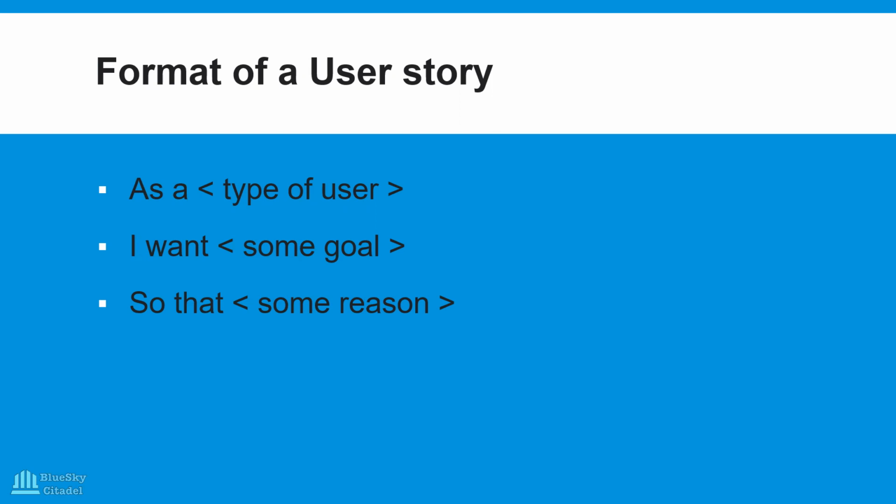So you want to define the user, what wants to be achieved and why that thing has to be done. It goes without saying that you have to fill in the, well, they're not blank spaces, but you get what I mean. So you fill in "as a", you fill in "I want" as well, and you put in the "so that".